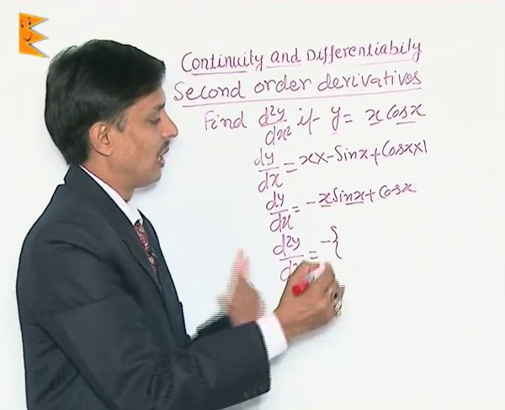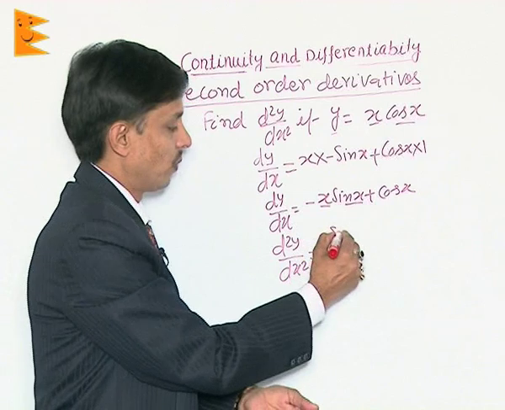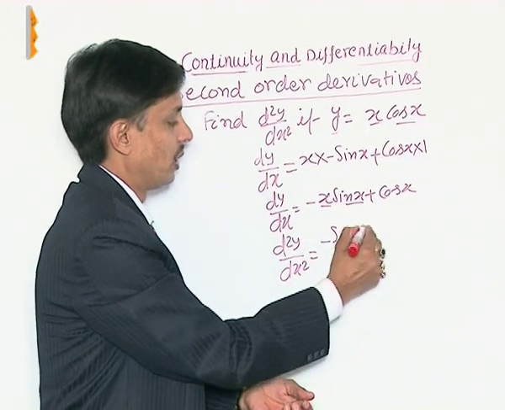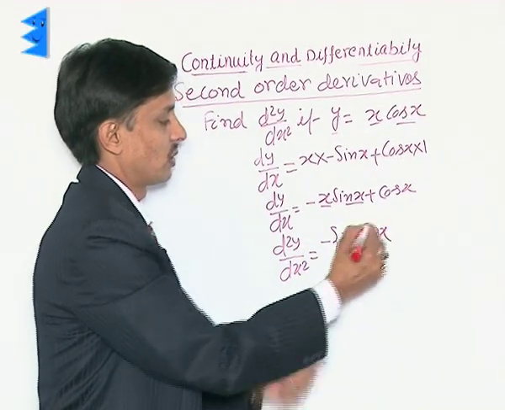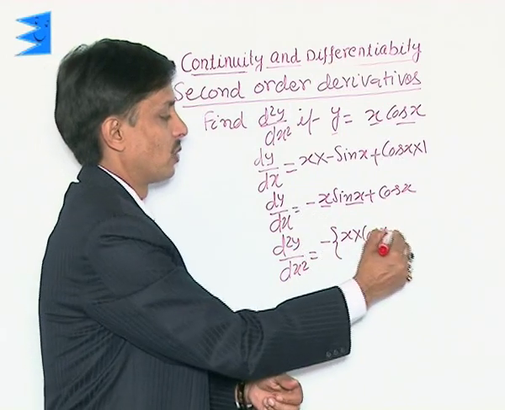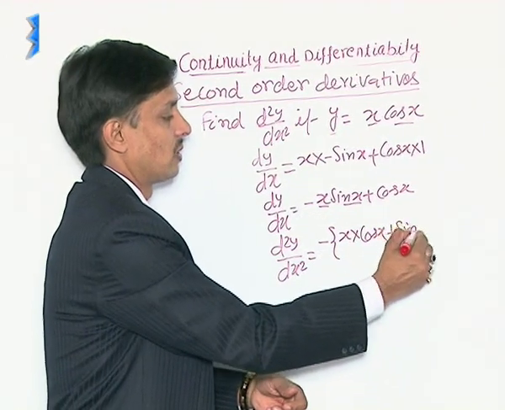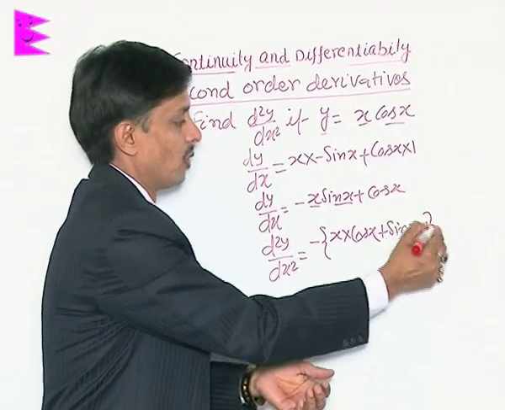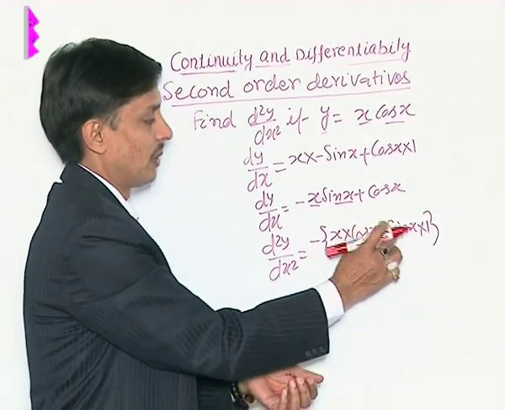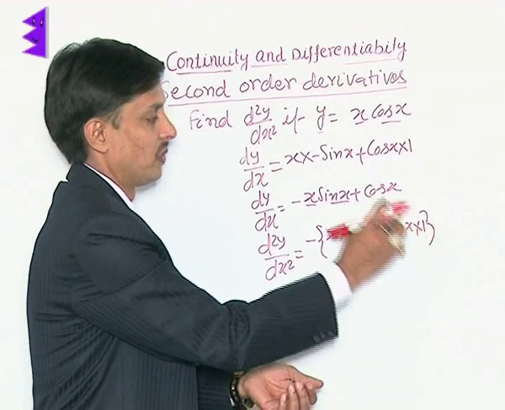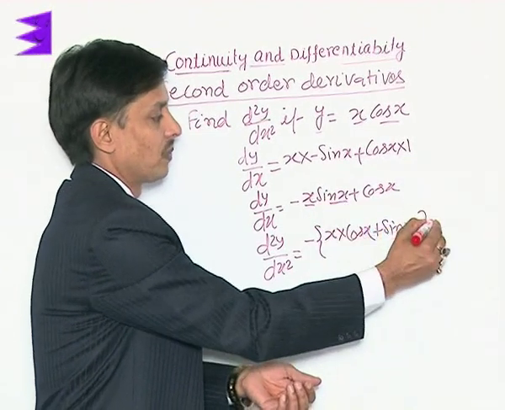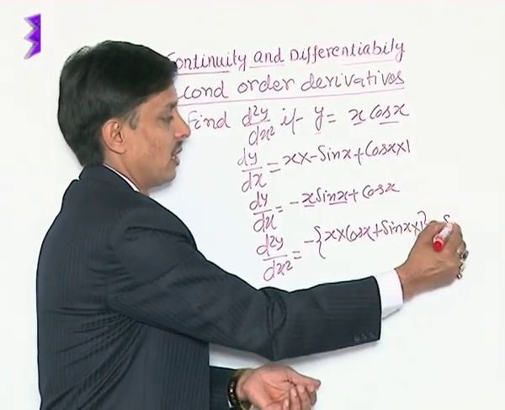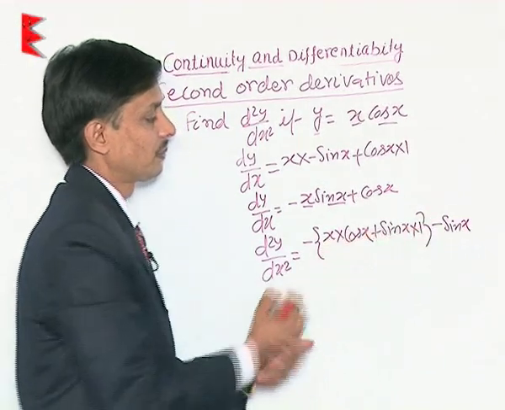x into sin x, we will apply here the product rule. First x into derivative of sin x is what? Cos x. First into derivative of second plus second sin x into derivative of first is 1. Then plus cos x, its derivative is minus sin x.